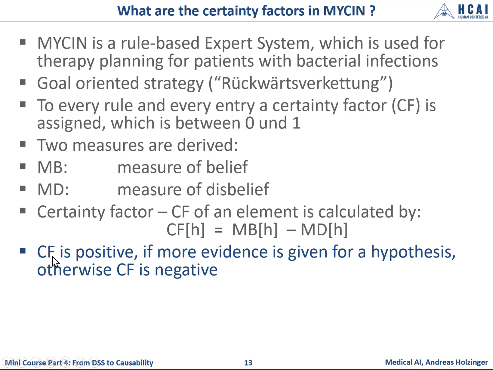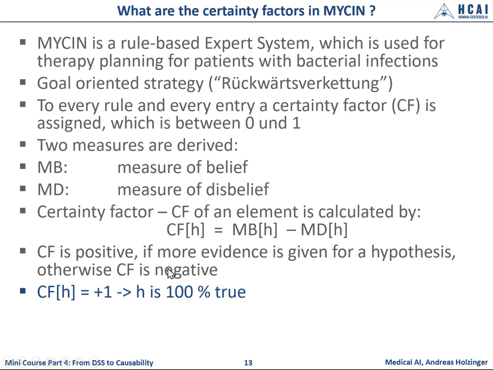And if the certainty factor is positive, then more evidence is given for the hypothesis, otherwise the certainty factor is negative. So if you have a hypothesis, for example, that this patient has COVID-19 and the certainty factor is 1, then it is sure. If it is minus 1, then it is completely false. And if it is 0, then you cannot say anything because you don't know.